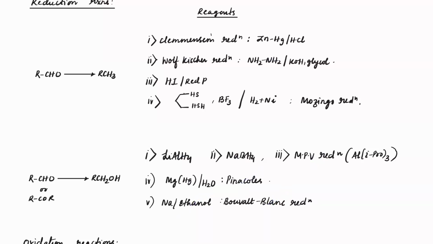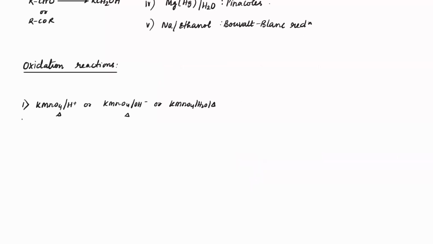All of these reduction reactions we have learned already. Next, now let's notice what all the oxidation reactions are in general. So when it comes to oxidation reactions, which cases are observed as oxidation? Let's see that.